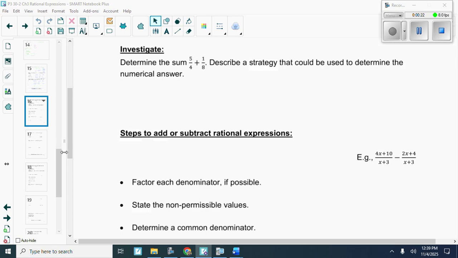Adding and subtracting. As soon as you see a plus or a minus sign, adding and subtracting with a fraction like this, the number one thing that you have to remember is we need a common denominator. That's the plot twist on this one: we first have to find a common denominator before we can do the addition or subtraction.